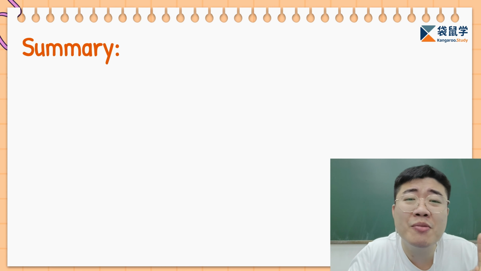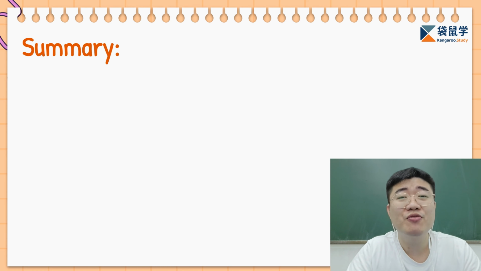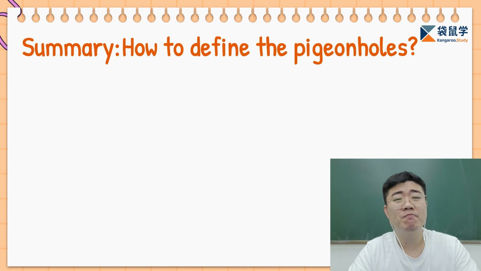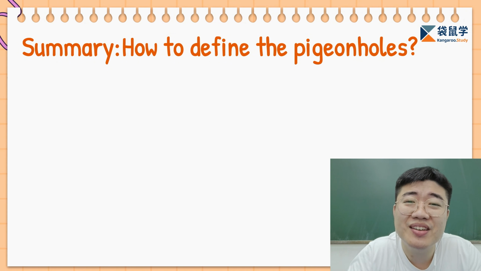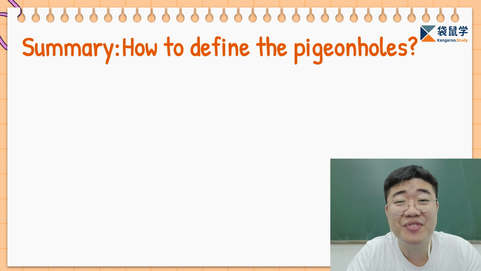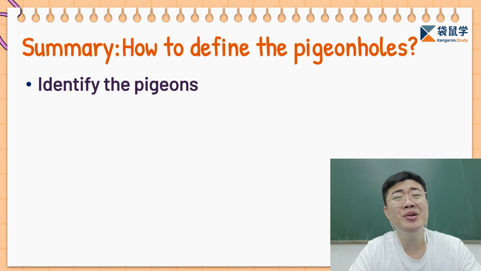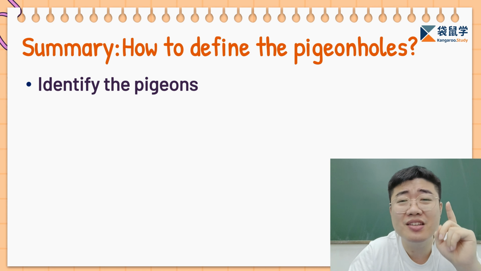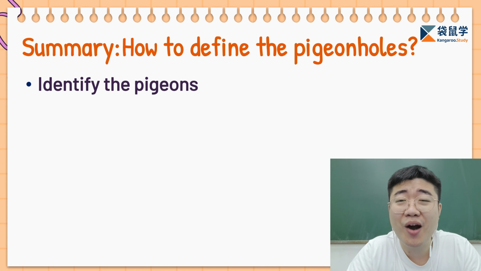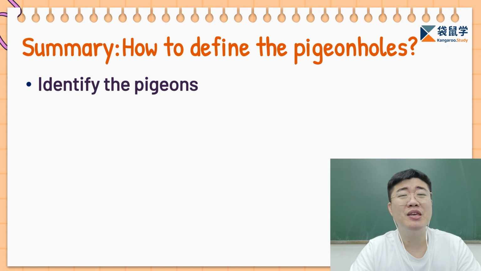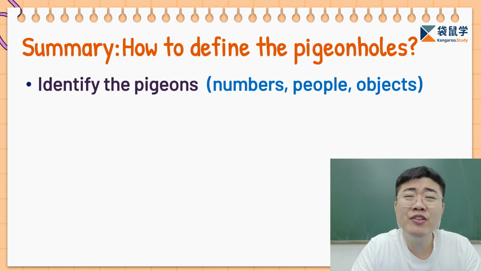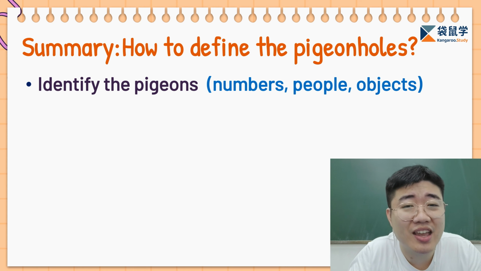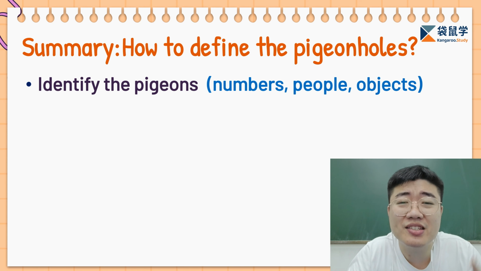So now, let's do the summary for this question. In this question, the most difficult part is finding the pigeonholes. Now, how do we find the pigeonholes? First, of course, we have to identify the pigeons. From the question, we can see the pigeons can be numbers, or people, or objects. After we identify the pigeons, the next thing is we check what the question is asking us.